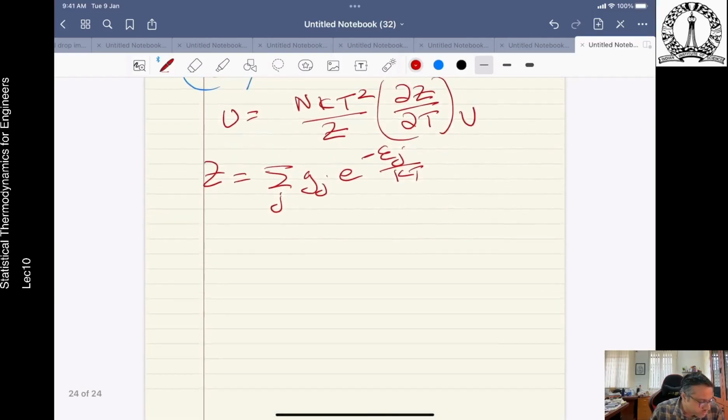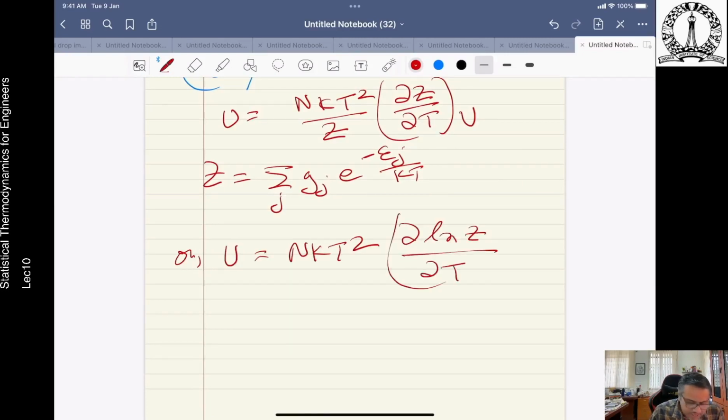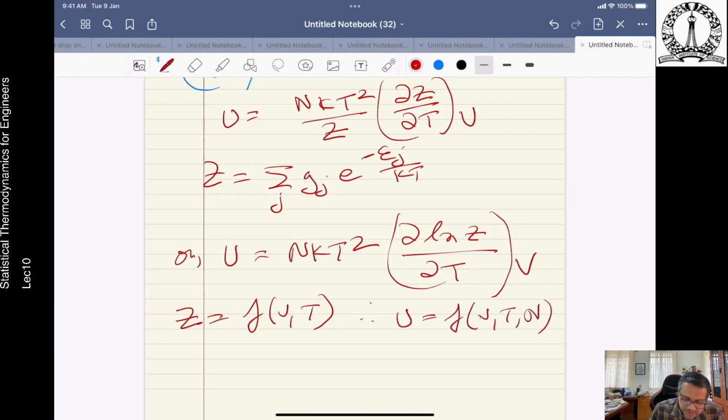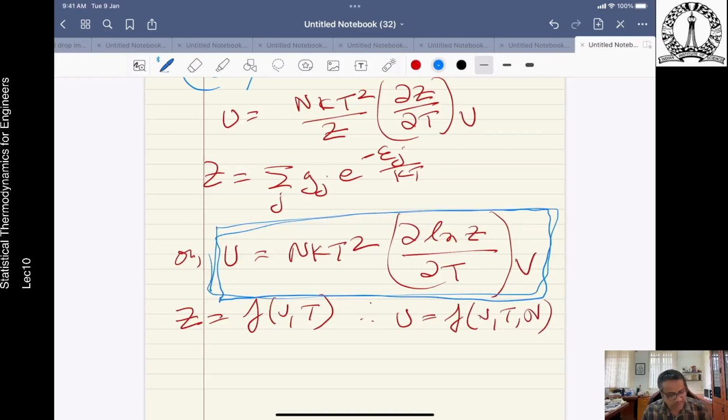So U can further be written as N kT squared times d ln Z by dT at constant V. This provides the first explanation of U. Z is a function of V and T, therefore U is a function of V, T, and N. So if you are given the partition function, this is how you calculate the value of the internal energy.